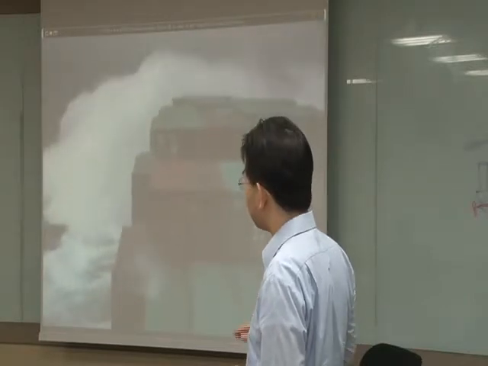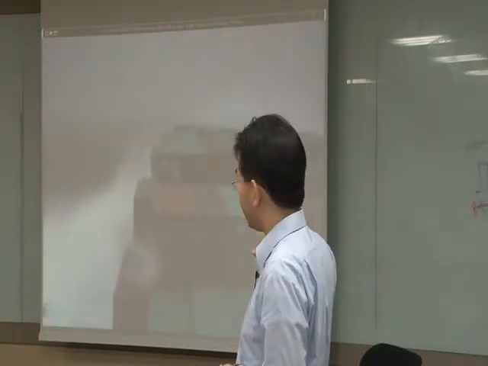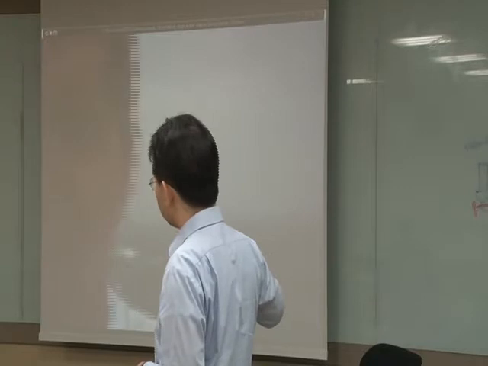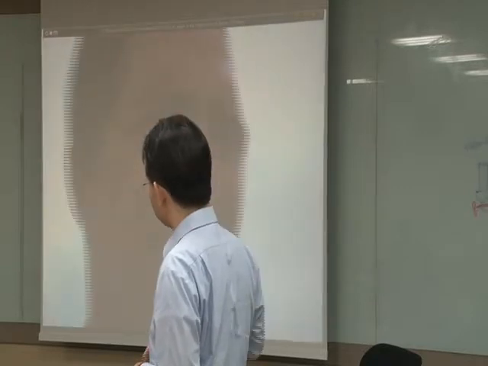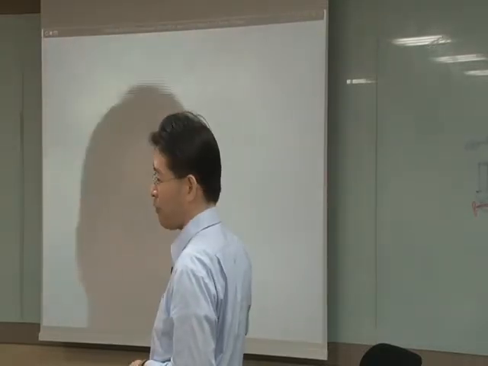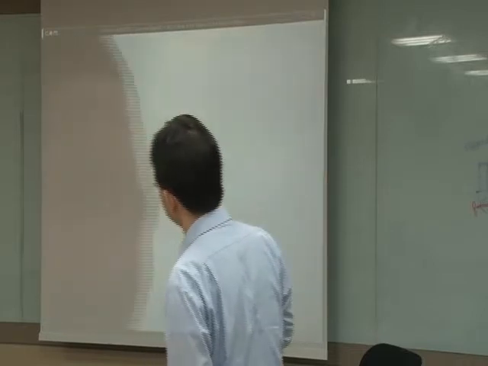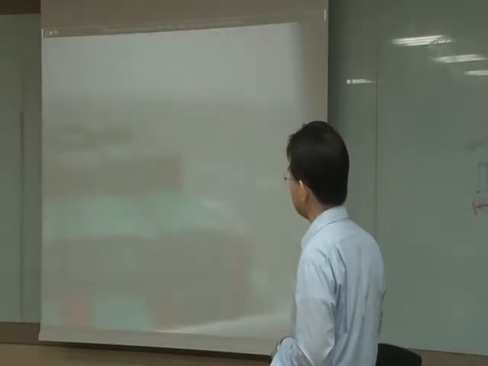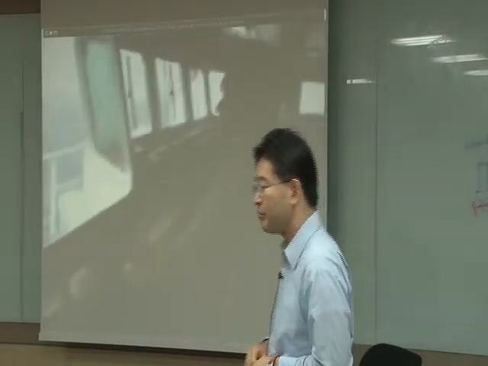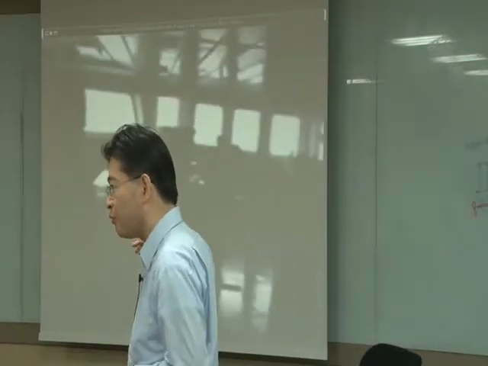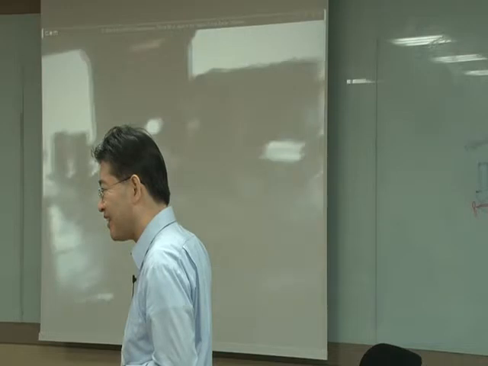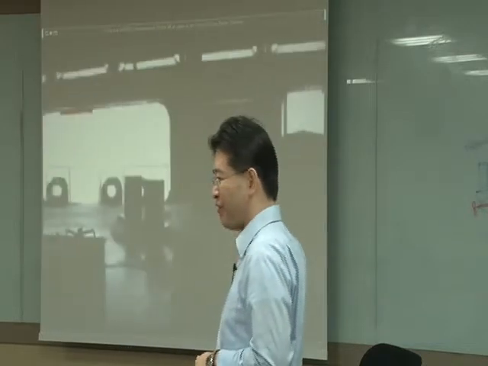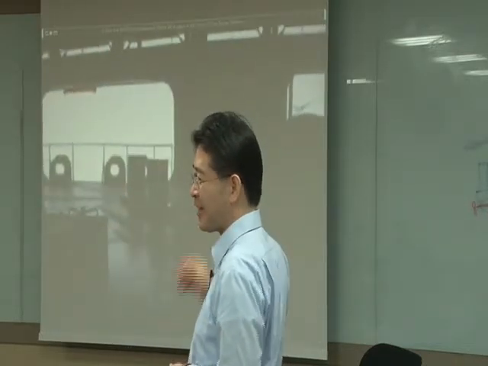So the ship is not going straight to the wave. Actually, the captain selected an oblique course to reduce the load on the ship. Did it work? Did it sink? No, it did not. It is a very frequently experienced condition.